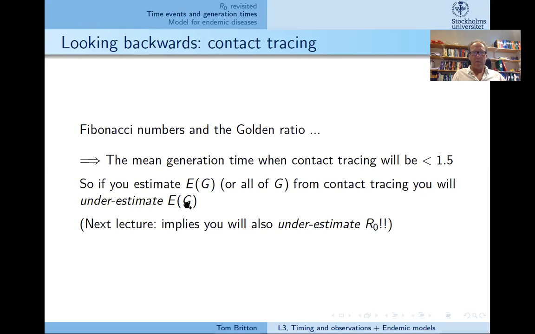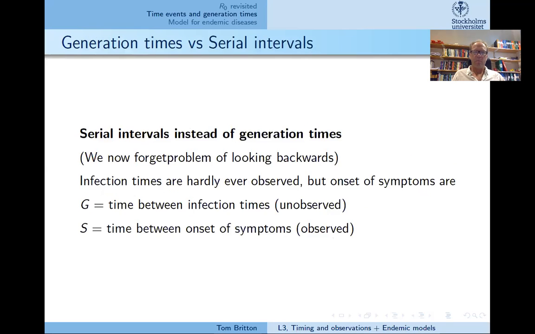And as I will explain in my next lecture, this has the implication that if you use these generation time estimates to estimate the basic reproduction number, you will also underestimate the basic reproduction number. The second problem that I mentioned, or possibly it was the third, was that what you observe is not the infection times, but you observe the onset of symptoms.